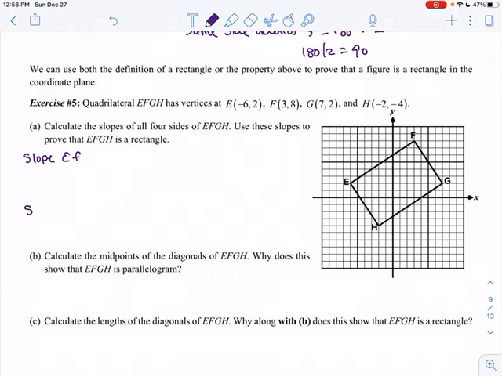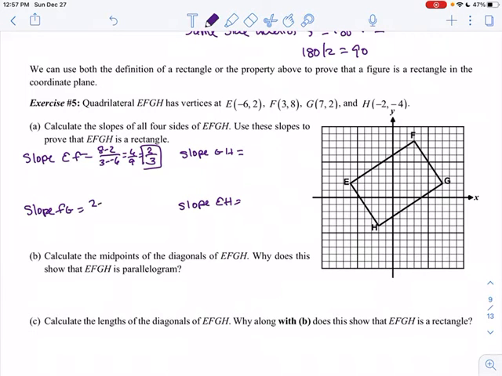I got the slope of EF, the slope of FG, the slope of GH, and the slope of EH. I'm going to find slope 4 times. All right, so EF. Subtract the y's, that goes on top. Subtract the x's, that goes on the bottom.